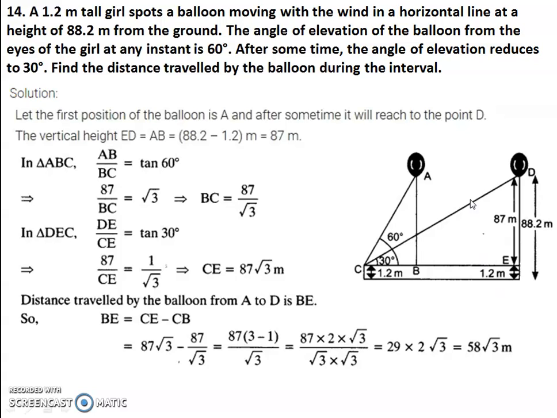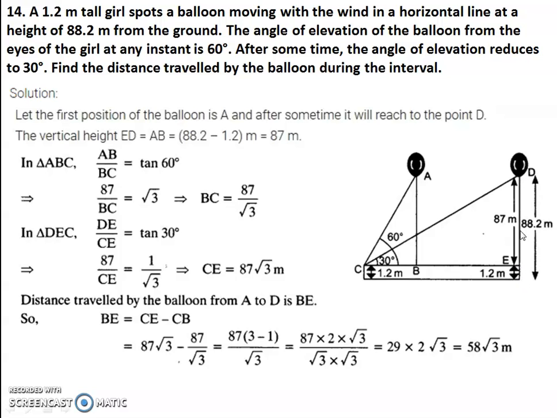Here, the figure shows the initial position of the balloon and the final position of the balloon. Here you can see a distance of 1.2 meter. What is this 1.2 meter? It is the height of the girl. The balloon is at a height of 88.2 meter from the ground.